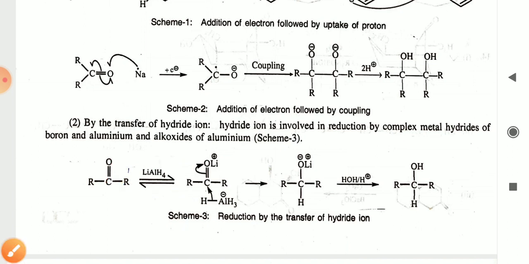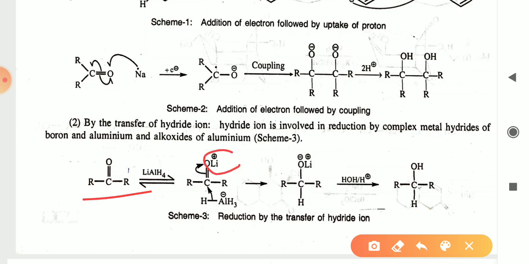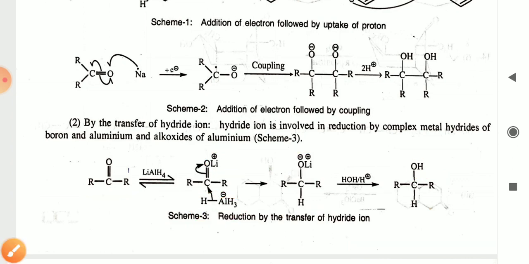In this reaction, the compound can be rearranged as R–C double bond O, lithium here, and HAlCH3 here. Now the hydrogen is attached in this position and the negative charge is on the oxygen. Now this lithium is removed and the oxygen is attached with OH. So this is the simple transfer of hydride ion.